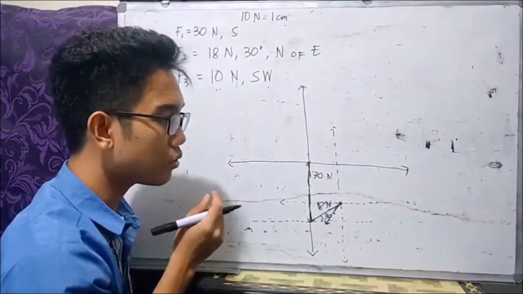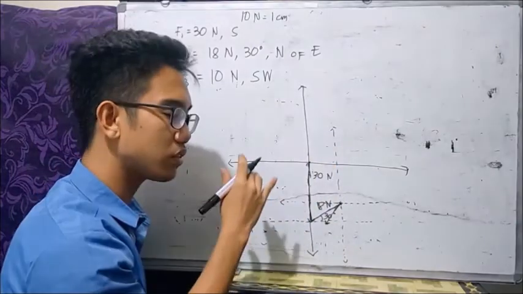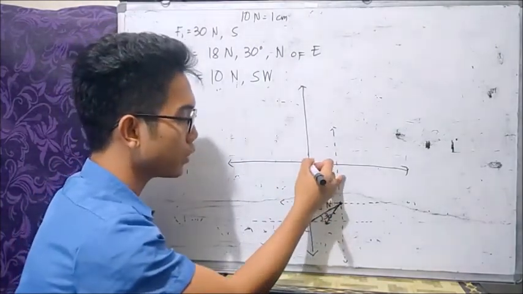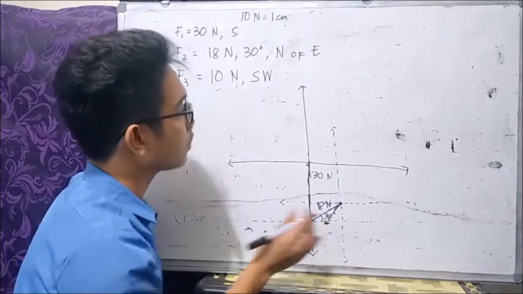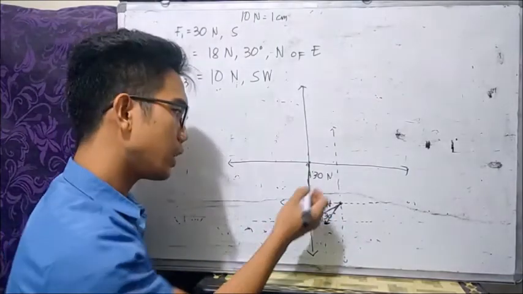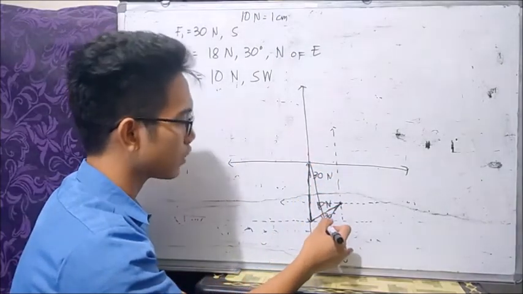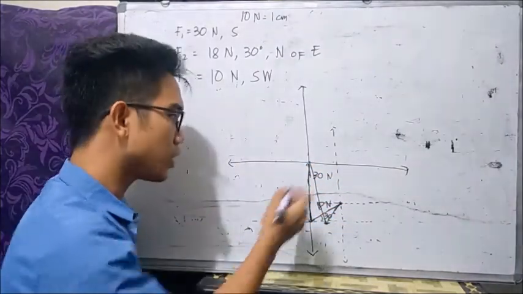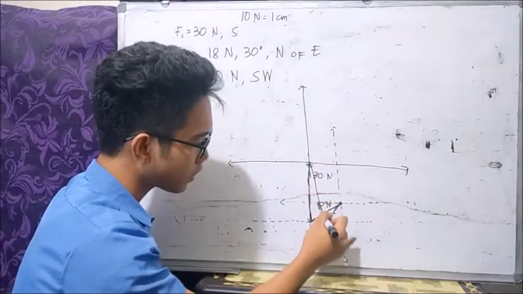So what you are going to do now, the distance from the origin, the first Cartesian plane which you drew, to the endpoint of your last vector, that is called your resultant vector. So what I'm going to do is to measure the magnitude of your resultant vector.